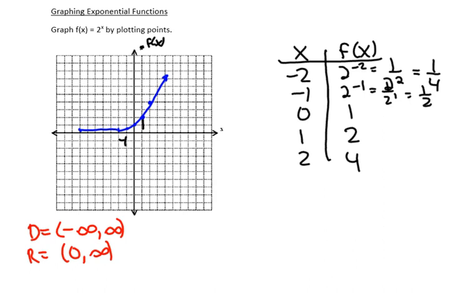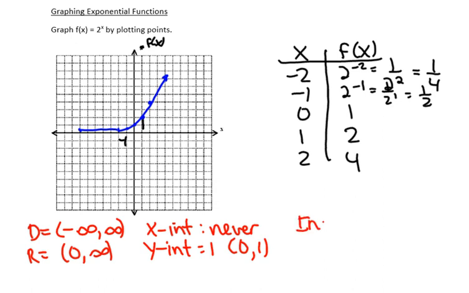The x-intercept is where it crosses the x-axis, and that is going to not exist. It does not touch the x-axis. The y-intercept is 1, so I know that ordered pair is (0, 1). Notice, this is always increasing, from negative infinity to positive infinity.